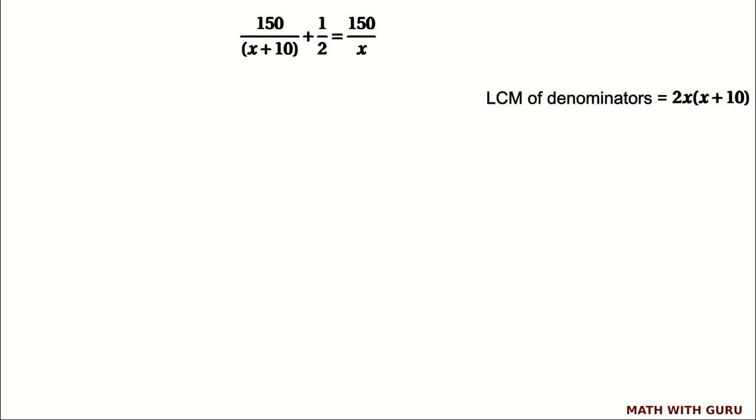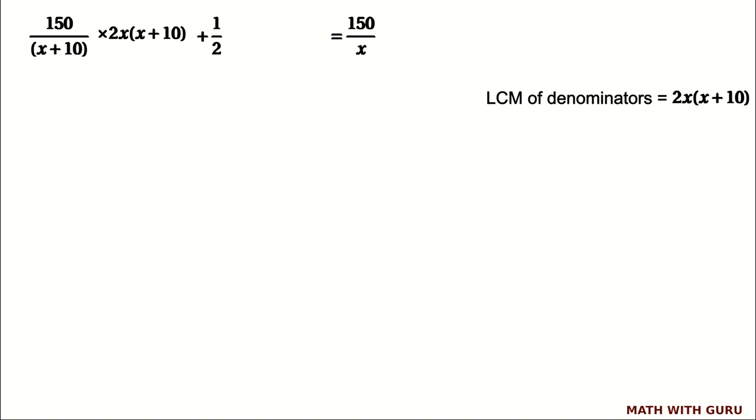Now, 150 divided by x plus 10 plus half equals 150 divided by x. LCM of the denominators equals 2x into x plus 10. Let us multiply the entire equation by 2x into x plus 10 like this. x plus 10 get cancelled. 2 and 2 get cancelled. x and x, they also get cancelled.